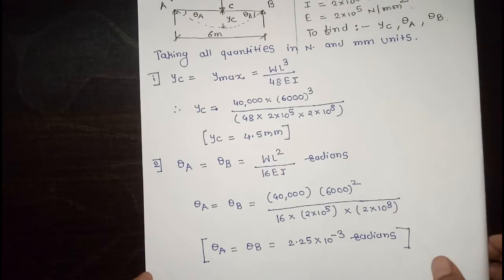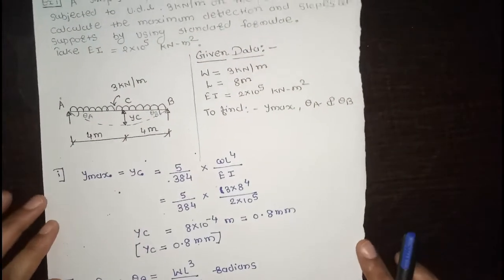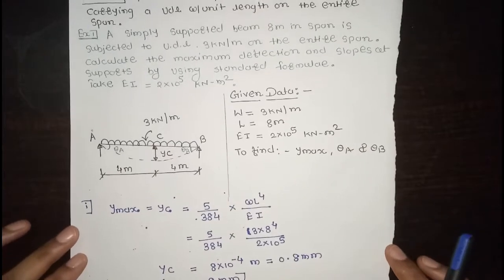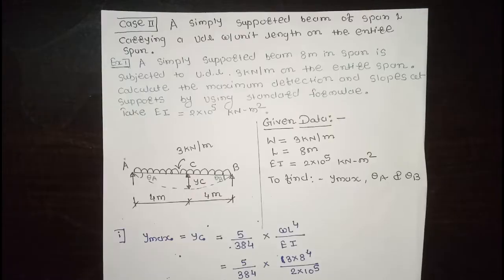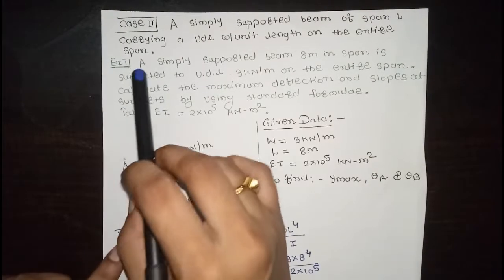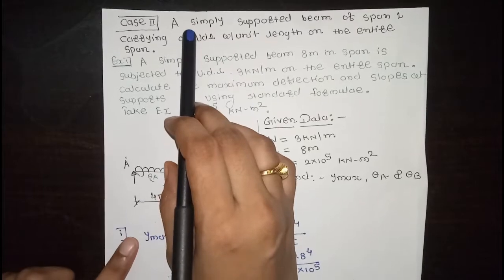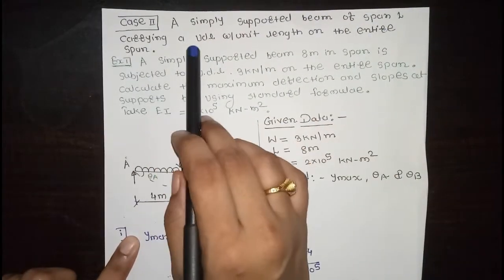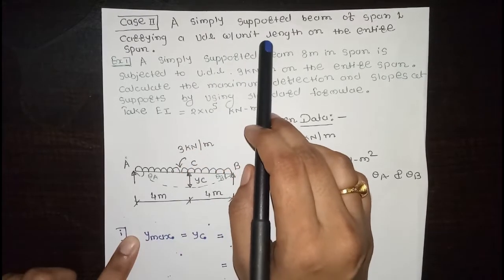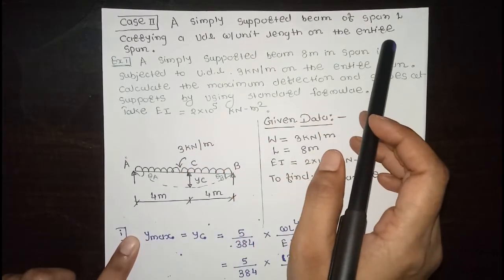So we will see the second case, numerical based on simply supported beam with UDL. Case second, a simply supported beam of span L carrying UDL W per unit length on the entire span.